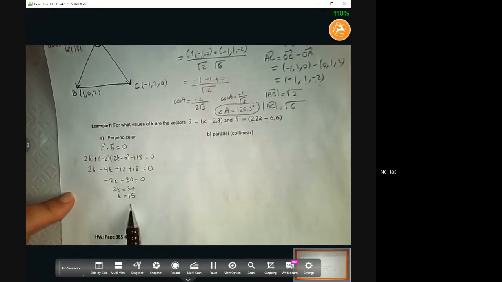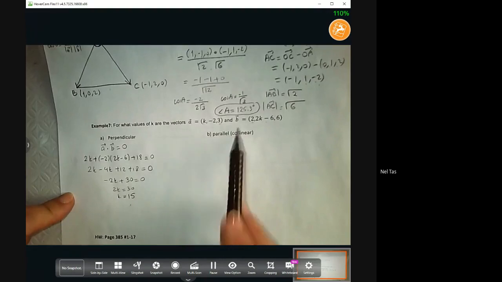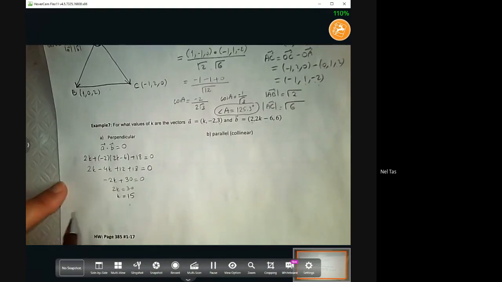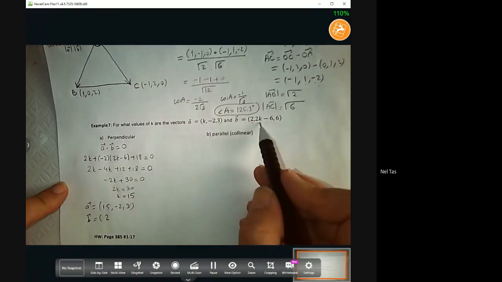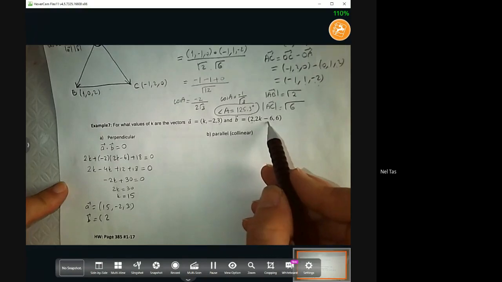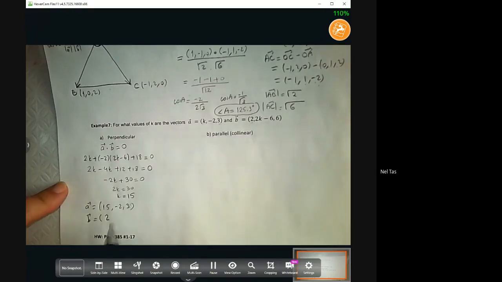If k is 15, then a and b are perpendicular. Then what do we get here? The a vector is (15, -2, 3), and b is 2 times 15 is 30, 30 minus 6 is 24, so (30, 24, 6).